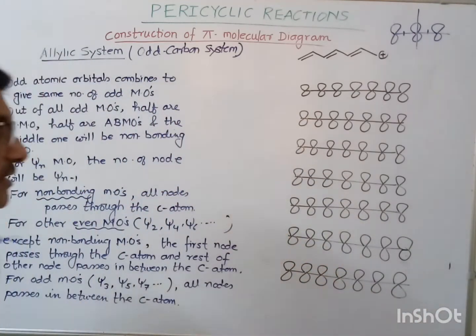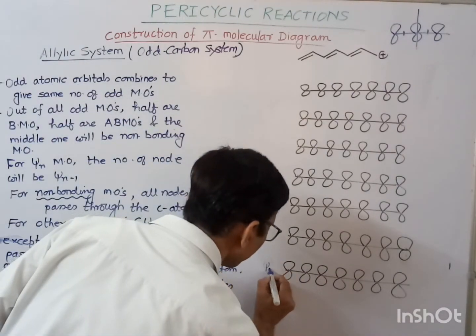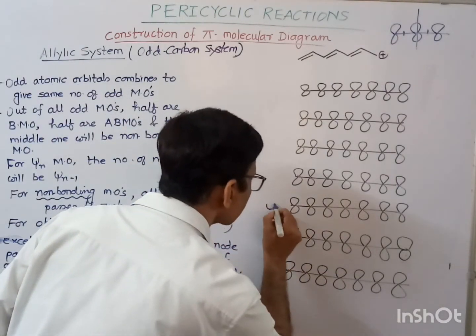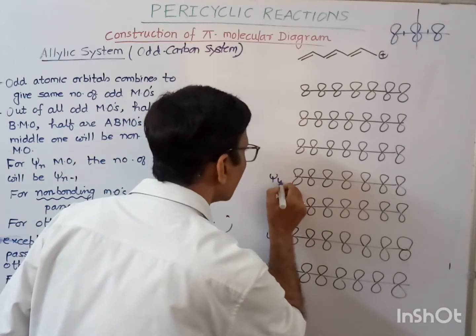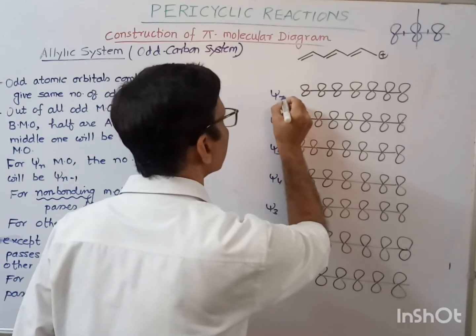Okay, so this is psi 1, psi 2, psi 3, psi 4, 5, 6, 7.